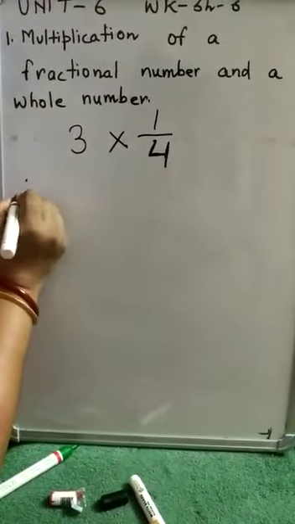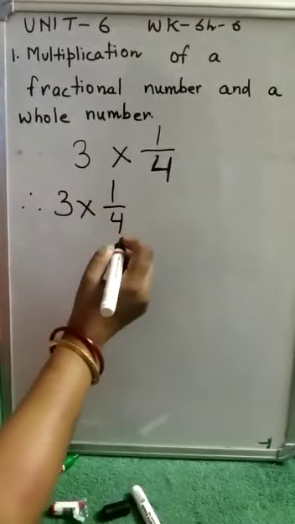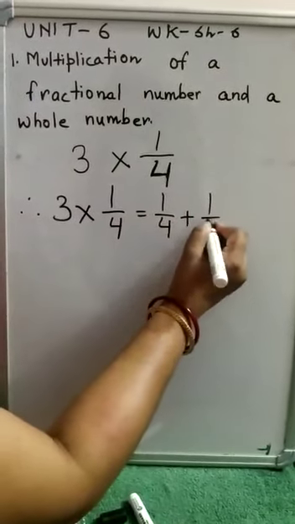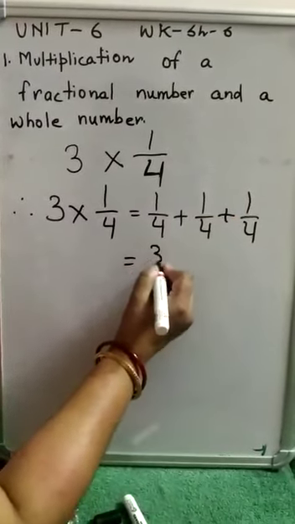Thus 3 times of 1 by 4 is equal to 1 by 4 plus 1 by 4 plus 1 by 4, which is equal to 3 by 4.